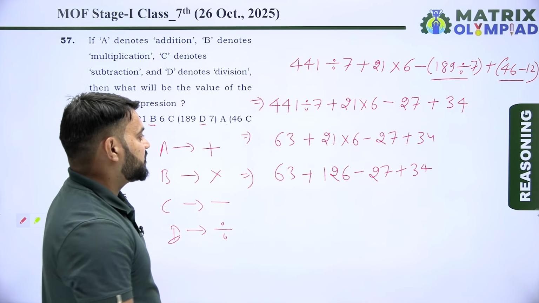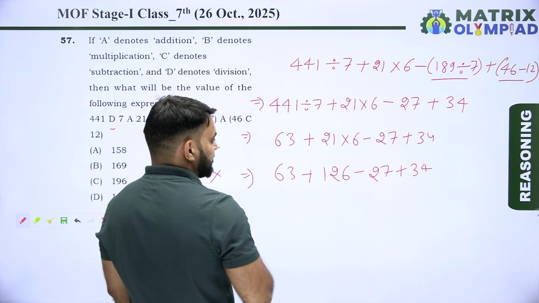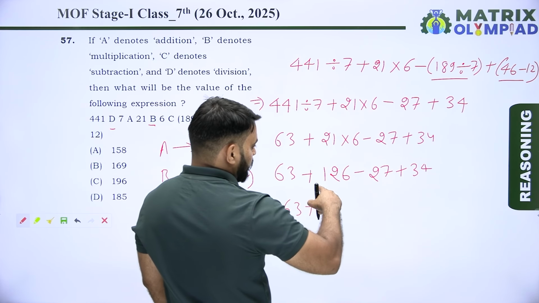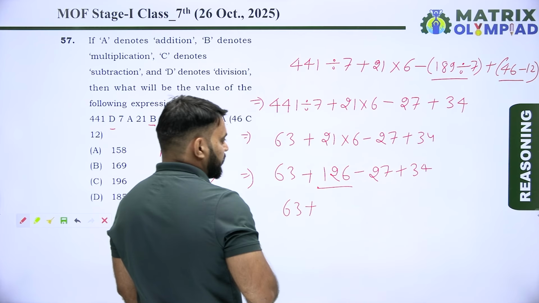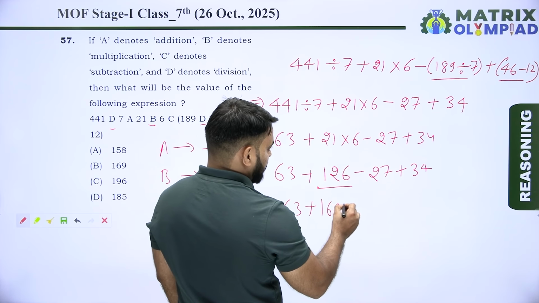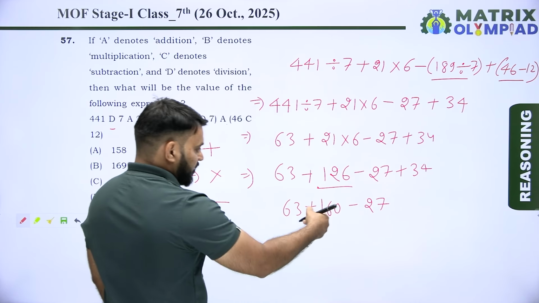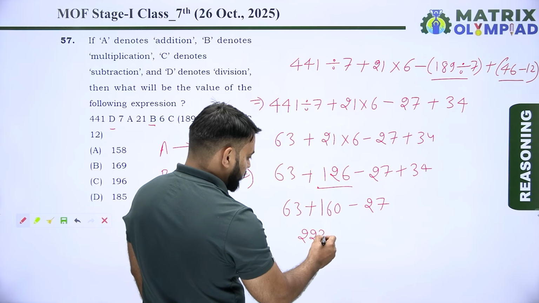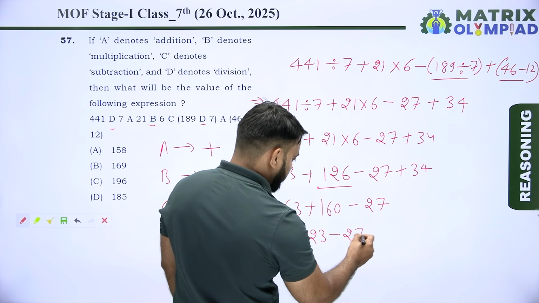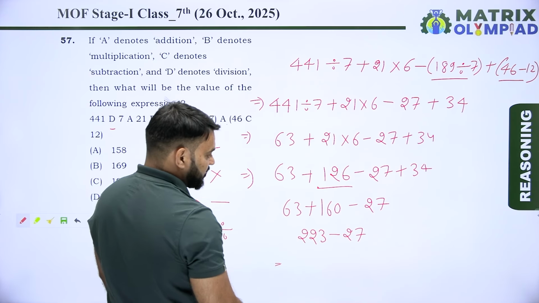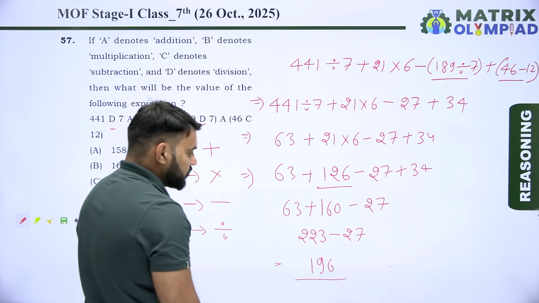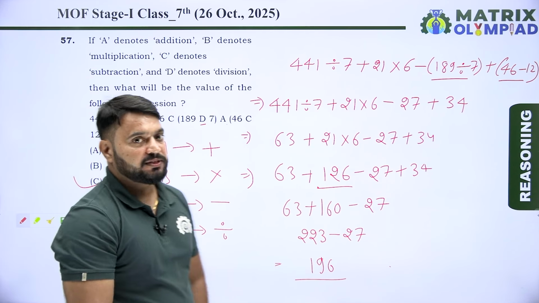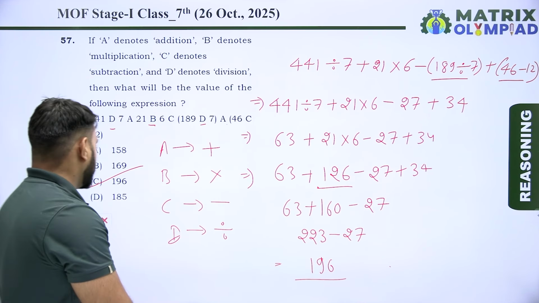So now add the numbers. 63 plus 126 plus 34 is 160, minus 27. 63 plus 160 is 223, minus 27. 223 minus 27 is 196. So the value of the given expression is 196. It means option C will be the correct answer of this question.